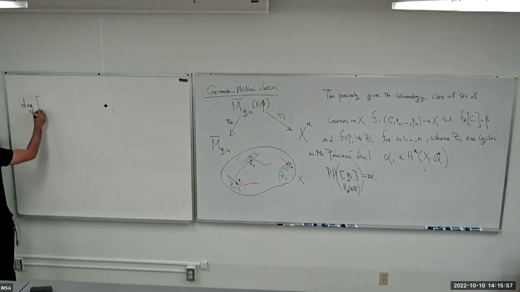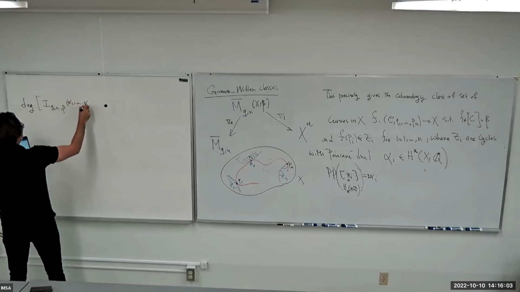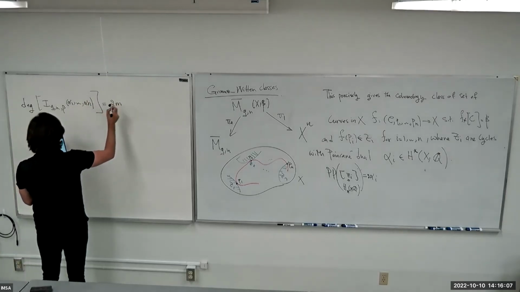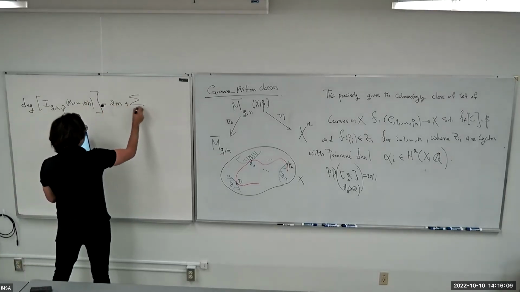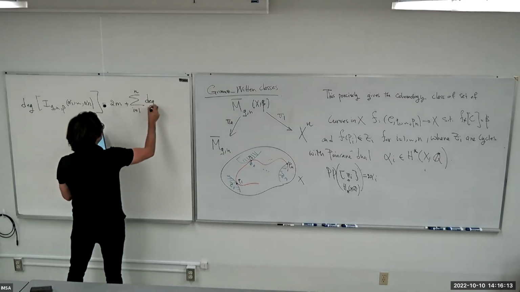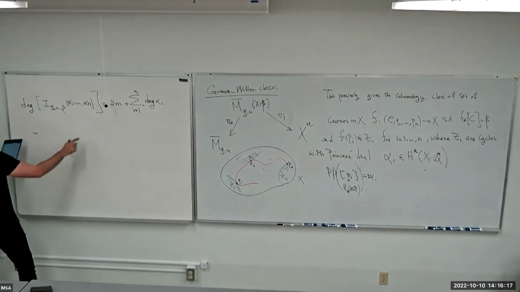The degree of the Gromov-Witten class I_{g,n,beta} of the choice of n cohomology classes in X is equal to 2m plus the sum from i equals 1 to n of the degree of alpha_i, which is equal to 2m.